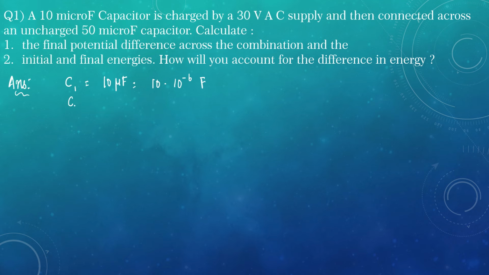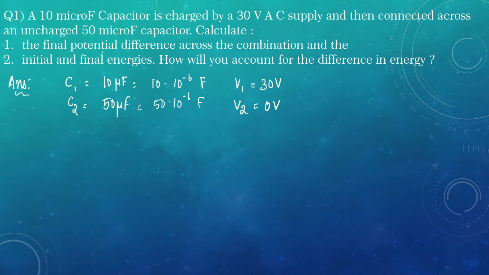C2 is 50 microfarad, which is 50 into 10 raised to minus 6 farad. The 10 microfarad capacitor is charged by 30 volt, that is V1, and then connected across an uncharged 50 microfarad capacitor, so V2 is 0 volt.